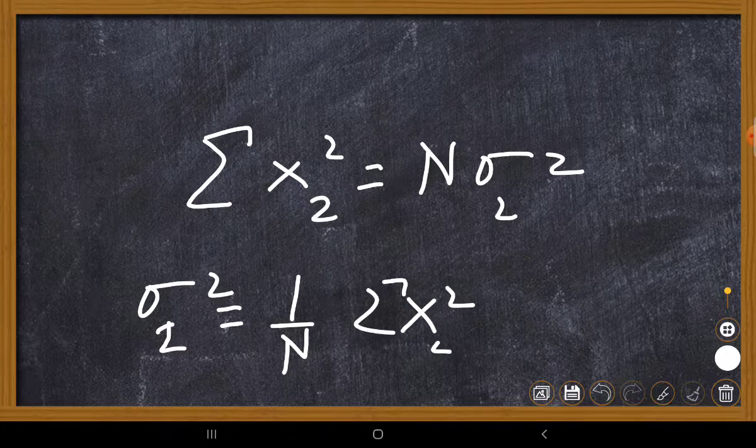So I hope this is clear. So in this way you replace all those summation x1 x2, x2 x3, x2 square and so on from that formula, okay?